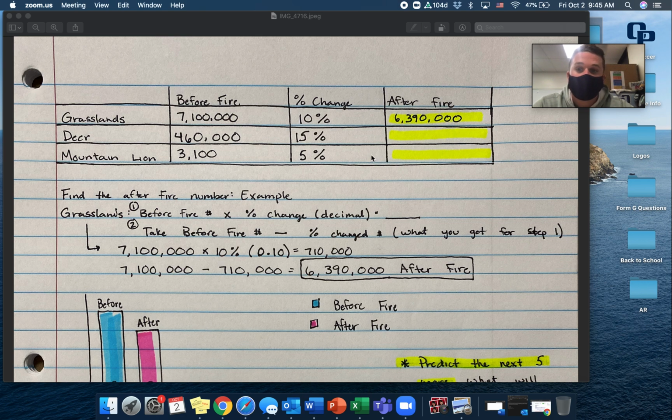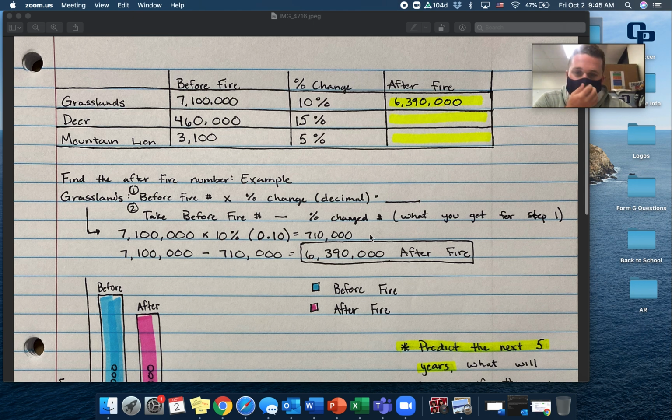So you're going to do that same process for the deer and for the mountain lion. For the deer, you're going to multiply by 0.15. And for the mountain lion, since we have to move the decimal twice, you're going to multiply by 0.05. And you'll get numbers there. Once you get that number, remember you have to subtract from your starting number.